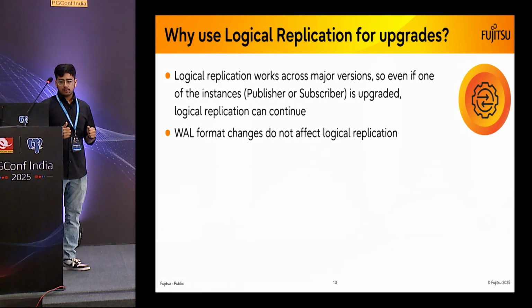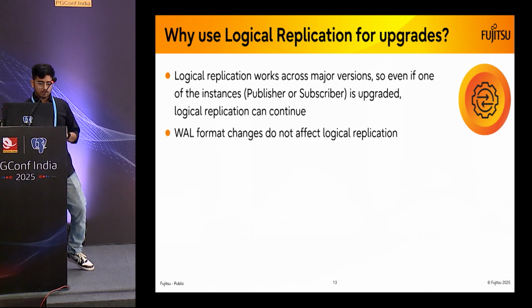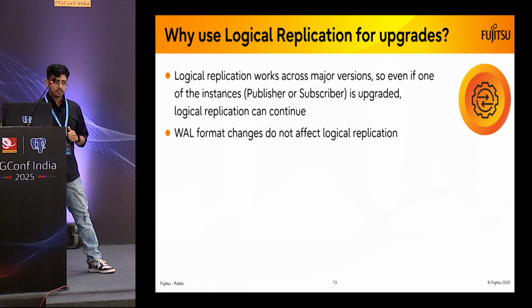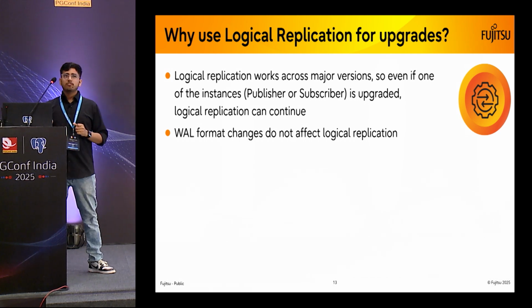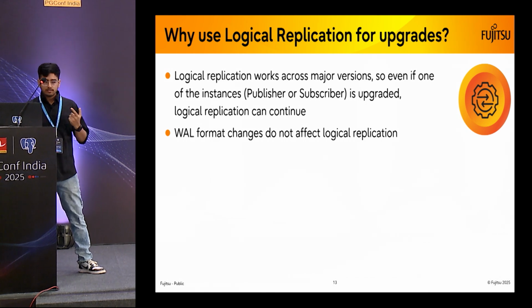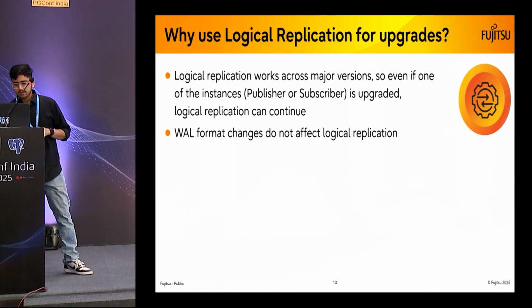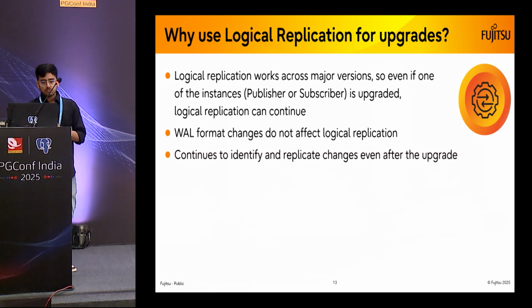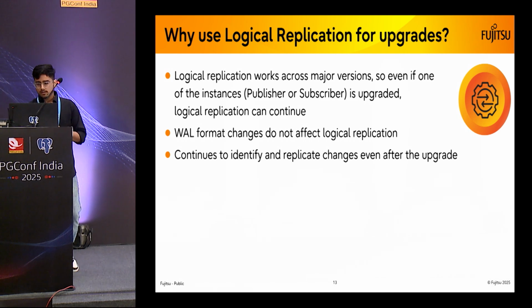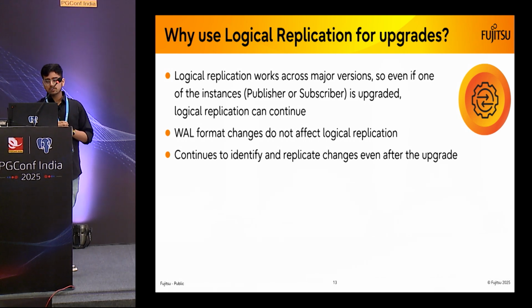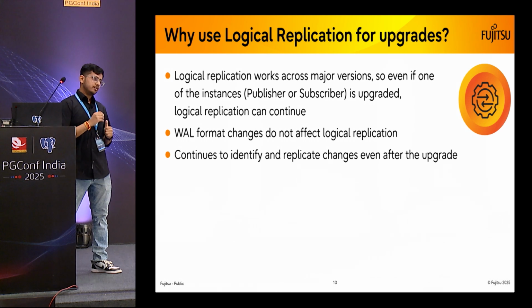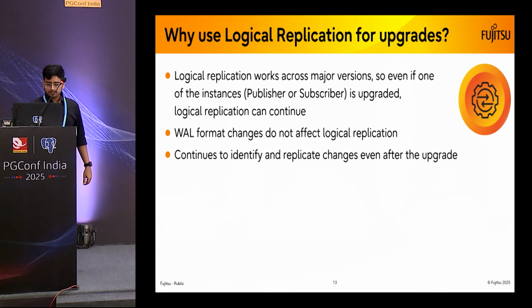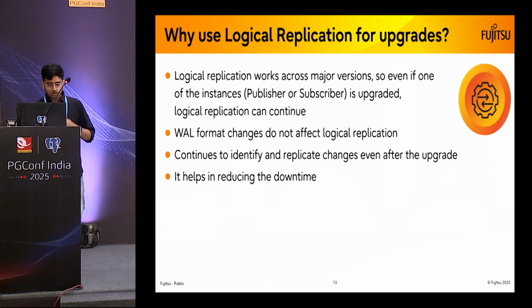Changes in WAL format do not affect logical replication because these WAL files are first decoded and then sent, so only the required information is sent. Once we upgrade an instance, after the upgrade also logical replication can identify and replicate changes. And hence, because of all this, it can be used to reduce the downtime.